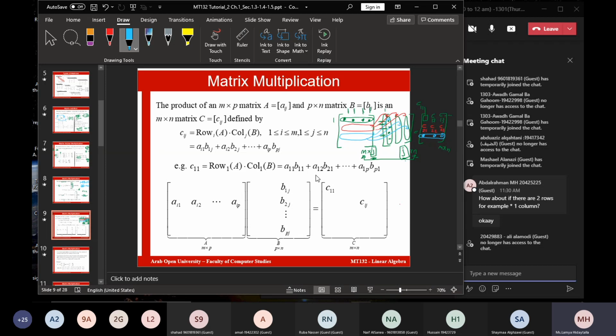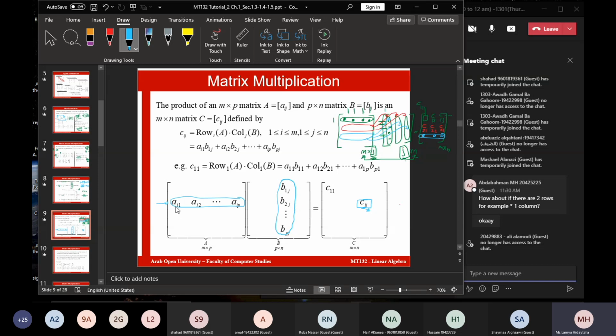You got the idea how we multiply? If we want the element Cij, how do we get it? The i-th row multiplied times the j-th column. So if this is the i-th row, I take this one, and then I search for the j-th column, column number j, that is this one, okay?